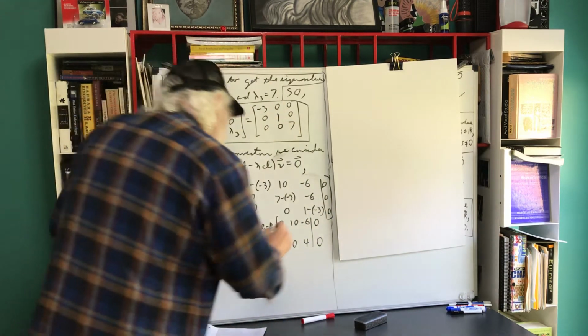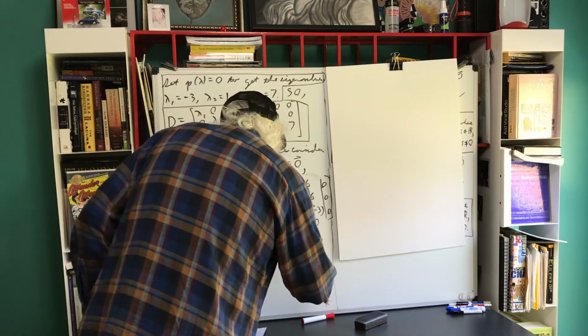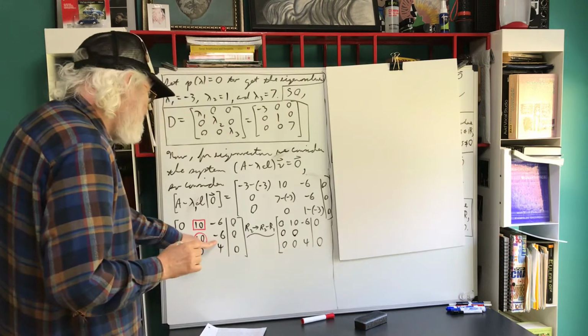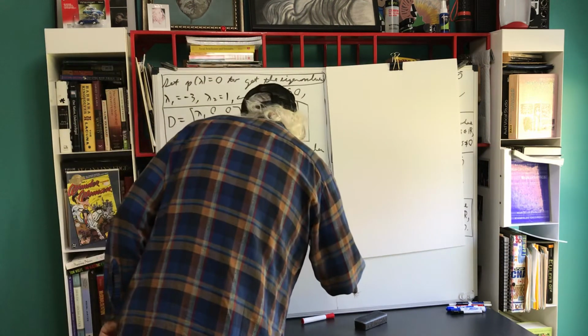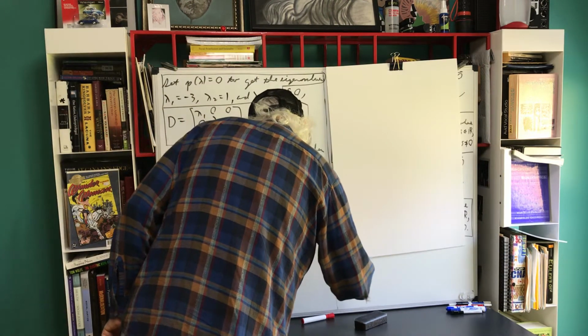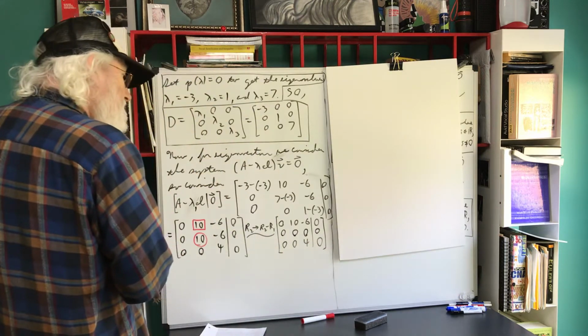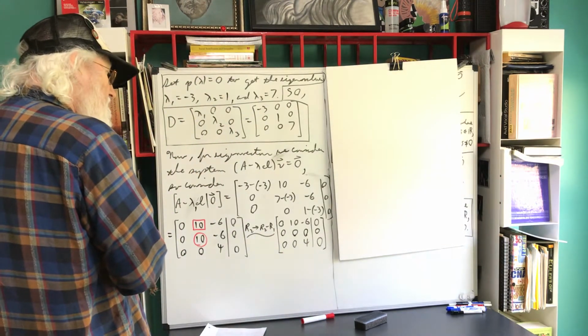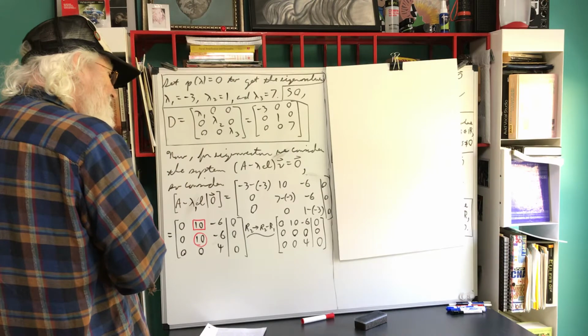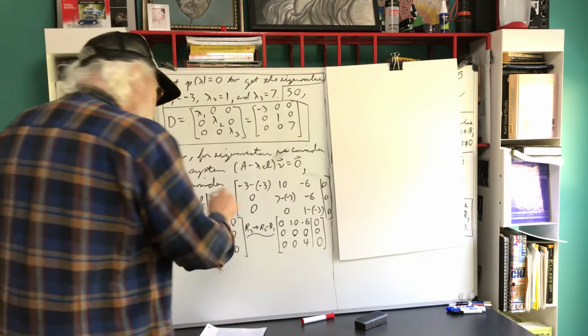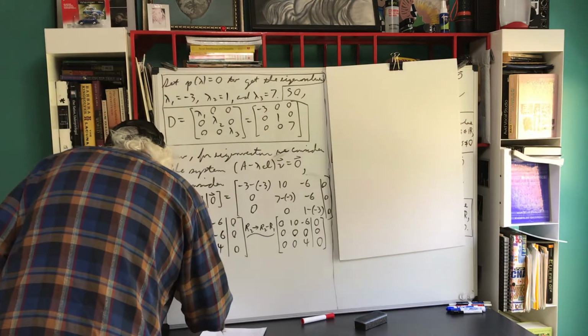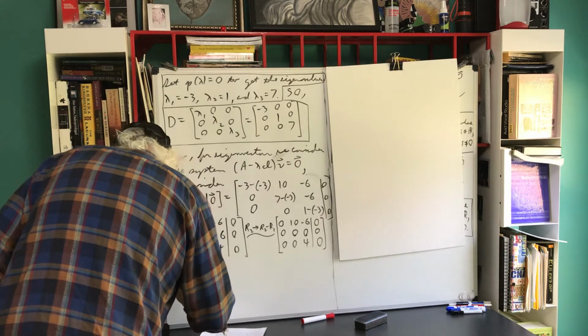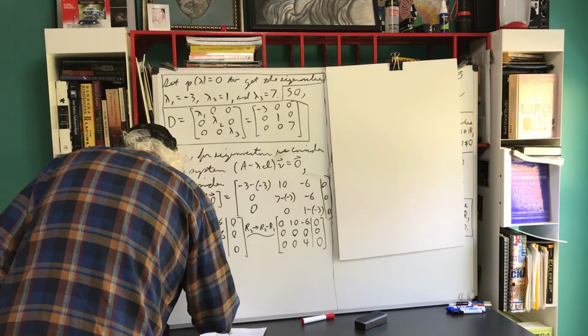And we'll have, let's see, 10 minus 10 is 0. Negative 6 minus negative 6 is 0. Excellent. All right. Let's see. Yeah, I don't like fractions. I've got some options here. Let's take row 3 and divide it by 4.